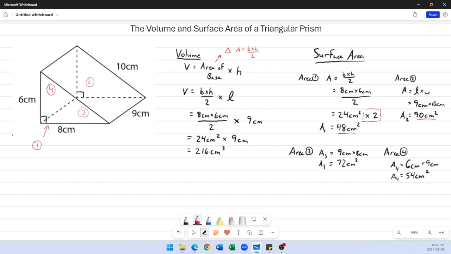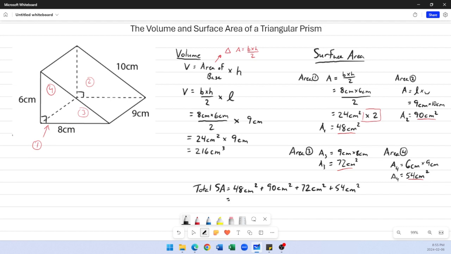All right, so now that I have the area of all relevant sides, I can add them all together. We're going to take all these 4 and add them all the way up. So my total surface area, SA, is going to be 48 centimeters squared plus 90 centimeters squared plus 72 plus 54.